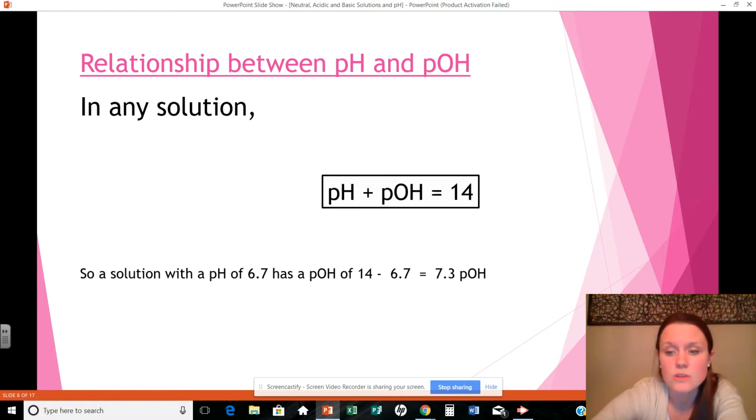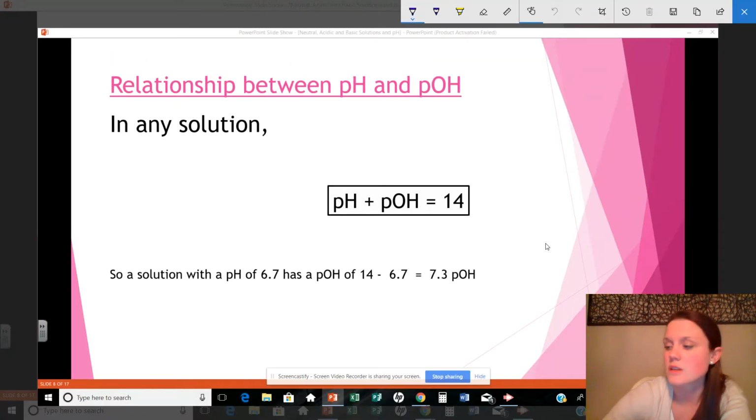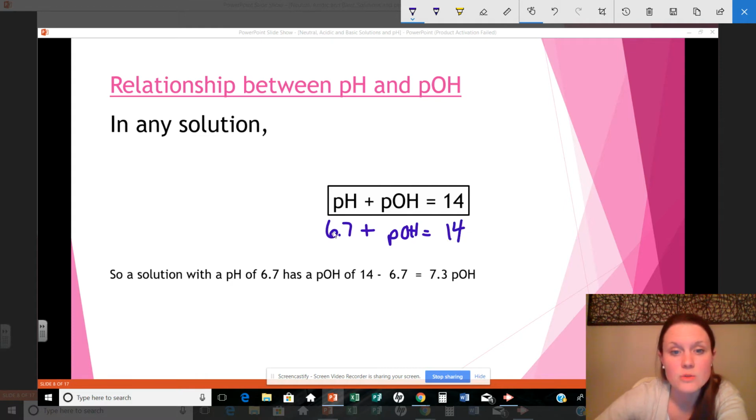Okay, so if we solve that by plugging in our numbers in the equation above, what this is saying is if your solution has a pH of 6.7 and you're solving for your pOH, you would subtract 6.7 from either side and eventually solve for the fact that you'd have a pOH of 7.3.